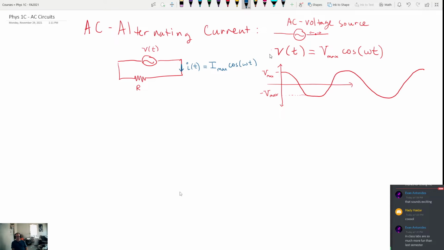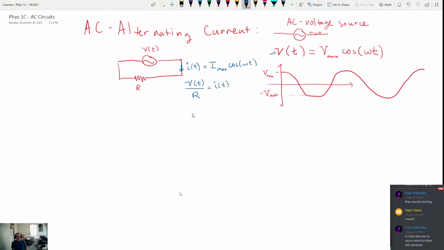If this is the voltage and I just connect up a resistor, my current is going to look like this. That means that the voltage and the current in this case are in phase with one another. And I could plot them on the same diagram. From my pictures here, if this has a resistance R, and I have a voltage here, then if I take V over R, that should give me the current as a function of time, right?